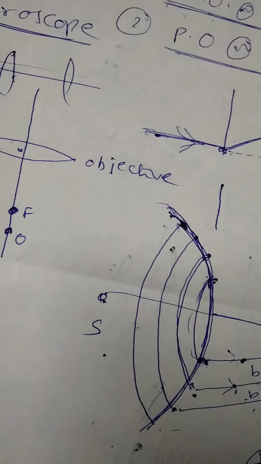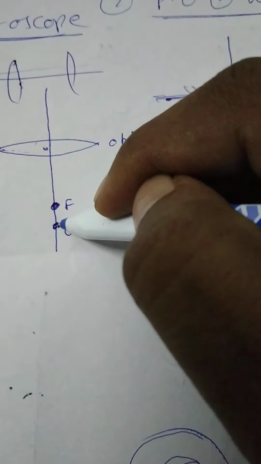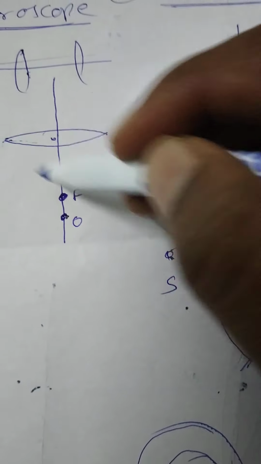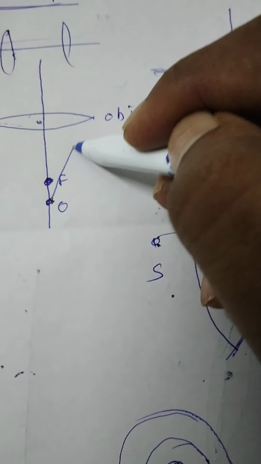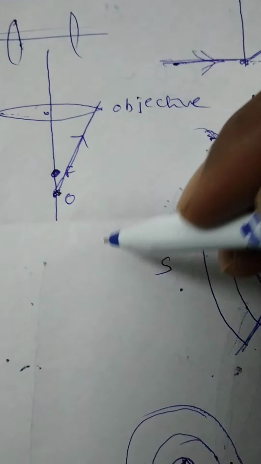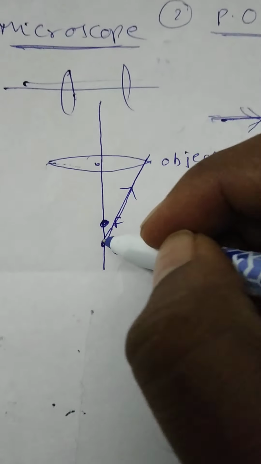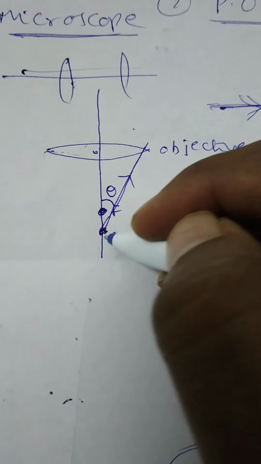Suppose the light rays coming from the point object are incident on the lens in all directions. Suppose one of the light rays meets the lens only at the edge. It is called the marginal light ray. This marginal light ray makes an angle theta with the optic axis of the lens.